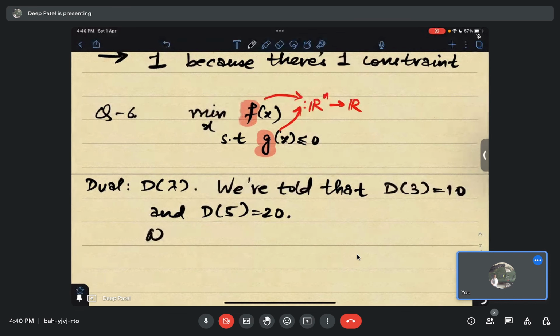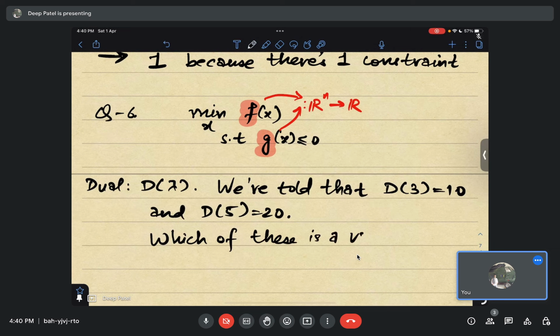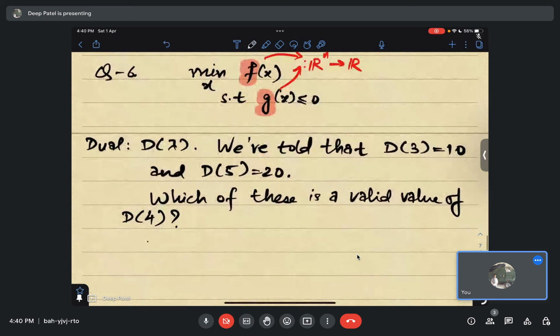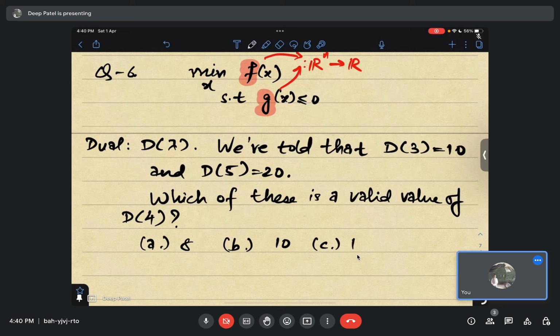Which of these is a valid value of d of 4? 8, 10, 16, or 12.